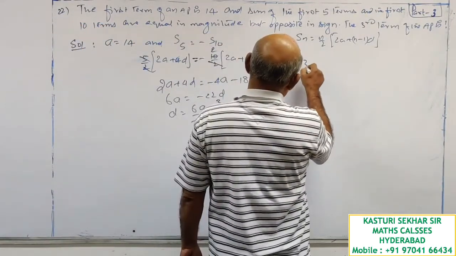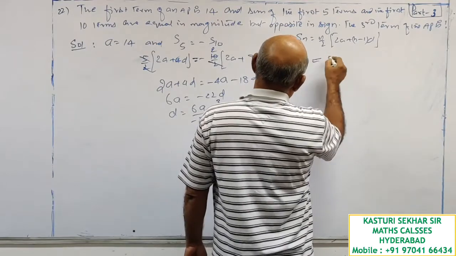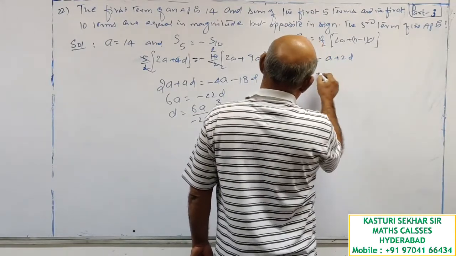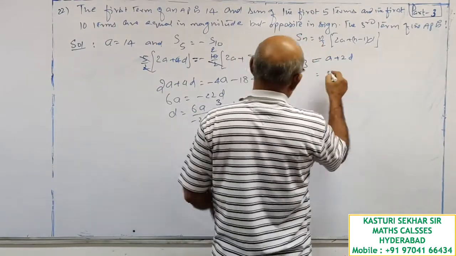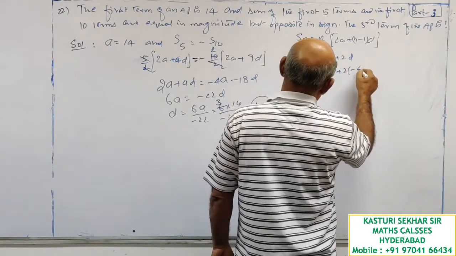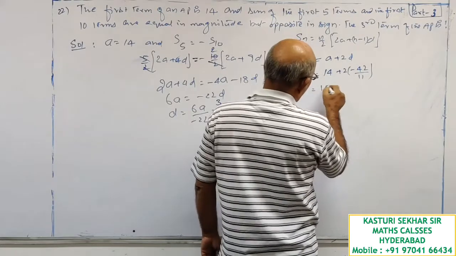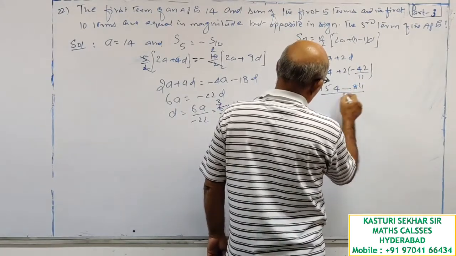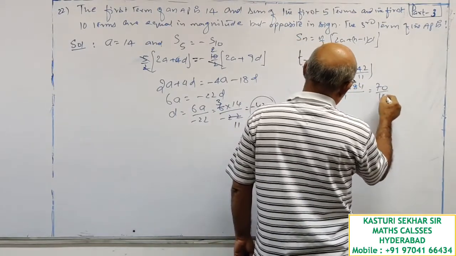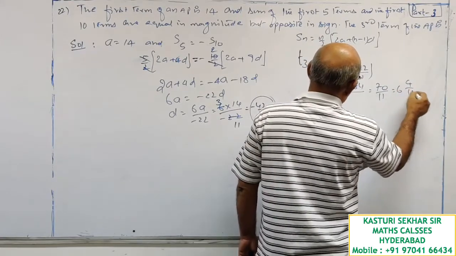Therefore, T3 is equal to a plus 2d. a is equal to 14 plus 2 into minus 42 by 11. 154 minus 84 by 11. This is 70 by 11.